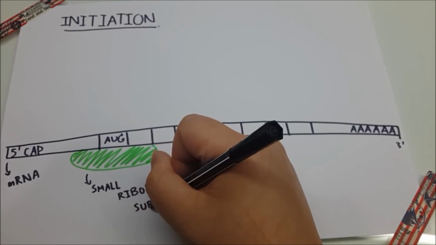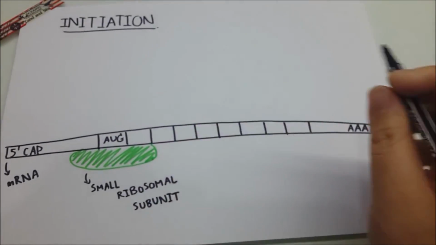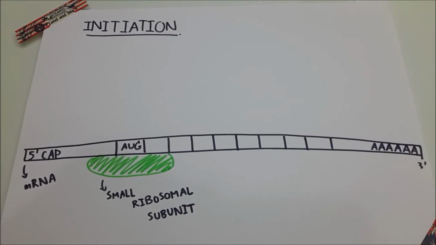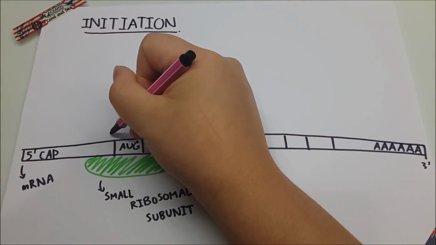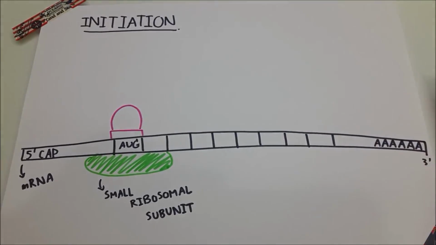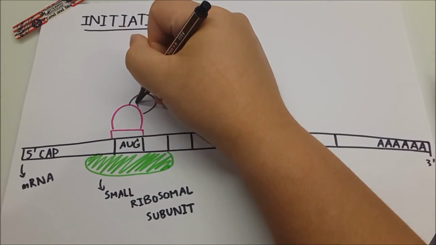At the initiation site on the mRNA, it contains the AUG code. Then tRNA, colored in pink, comes into the site that contains the AUG code.